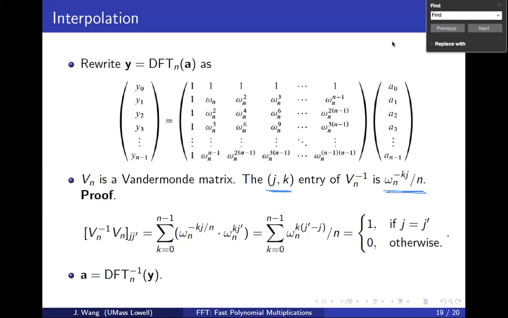Okay, so this is a proof that when you multiply them, it's actually equal to 1 when j is equal to j prime. This is a straightforward calculation, and that's another clever point. People thought about selecting special values for x in this form. So we actually made up a Vandermonde matrix at the end, and the inverse is easy to compute.